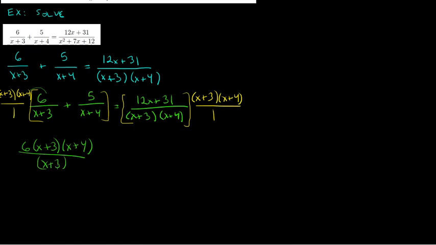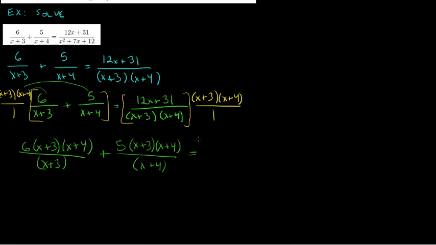So you can see what's going to happen. We're going to cancel the x plus 3's. Plus, because this is a plus here, now we multiply this 5 times all of this, x plus 3, x plus 4. But this time we're dividing by 1 times x plus 4. And of course, the x plus 4's will cancel here.